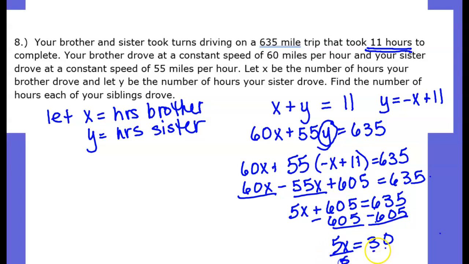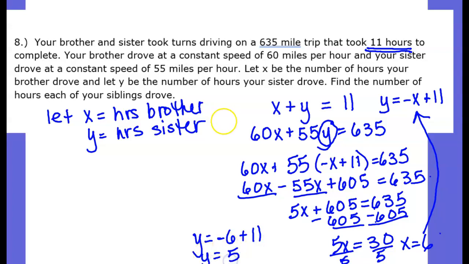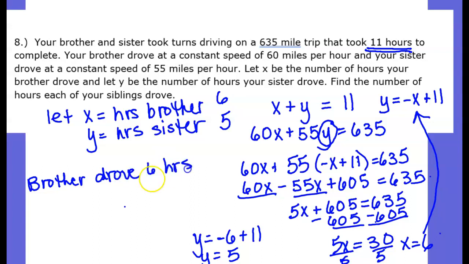I divide by 5. My x is 6. Now I can plug it back in, and my y is going to be negative 6 plus 11, which is 5. So my sister is 5, my brother is 6. I'm going to write it out as brother drove 6 hours and sister drove 5 hours.